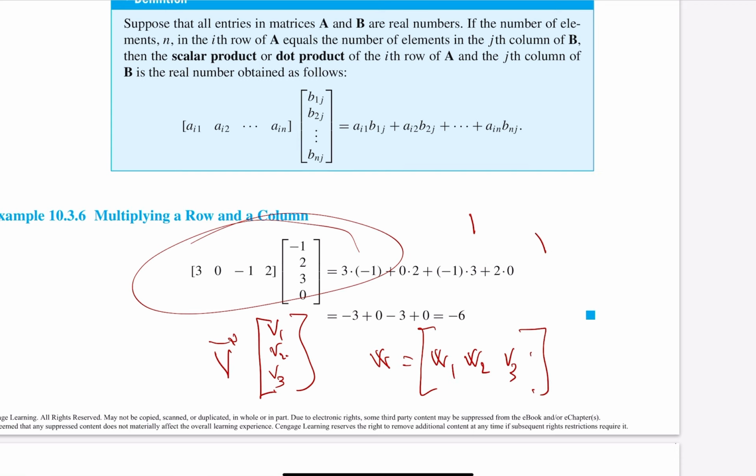If you multiply w and v, that's what we get. It's just a dot product. Just take the dot product and add them, and you have a scalar. If you take the dot product for this one, you have v1 w1 plus v2 w2 plus v3 w3, and that's it. And you will have a scalar, okay?